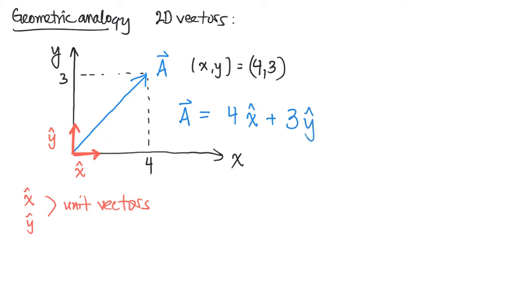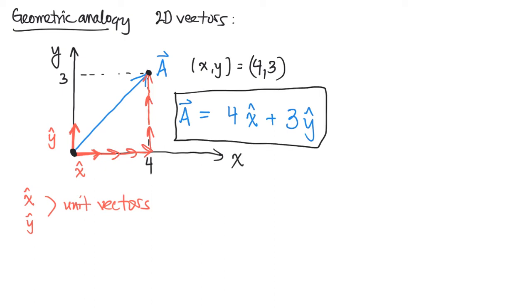In other words, if we took 1, 2, 3, 4 of these x hat vectors and then 1, 2, 3 of these y hat vectors, we get to the same location that we would have if we just went from the origin directly to that final point along the blue arrow A, okay?